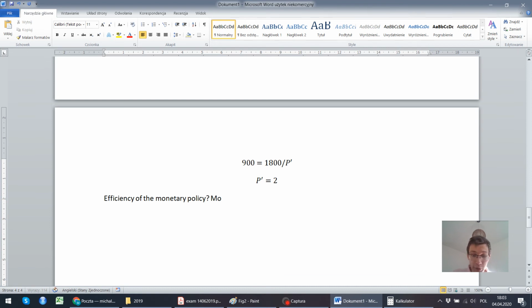Well, the monetary policy is inefficient in increasing the medium run equilibrium output. The only thing that changed in the new economy is, of course, the price level.